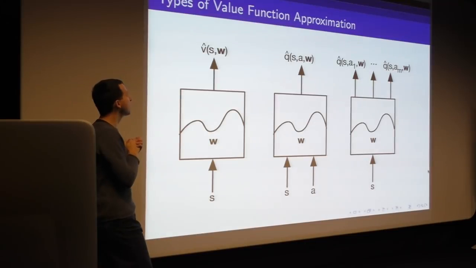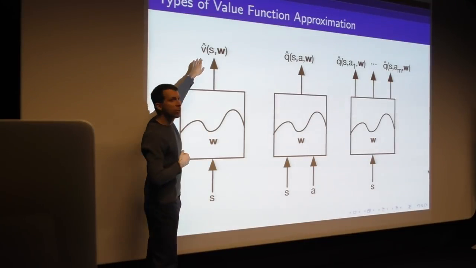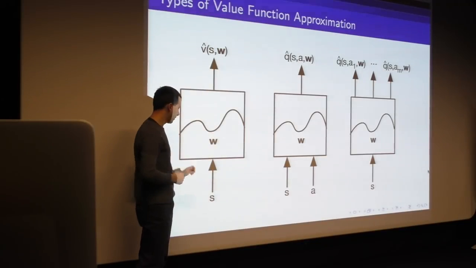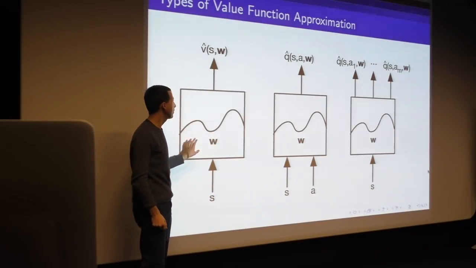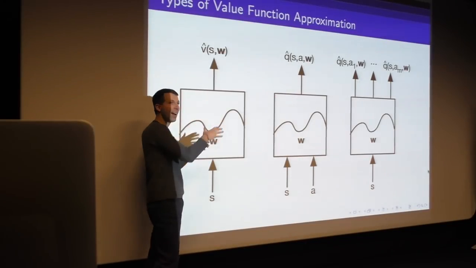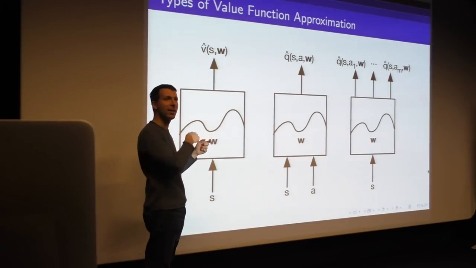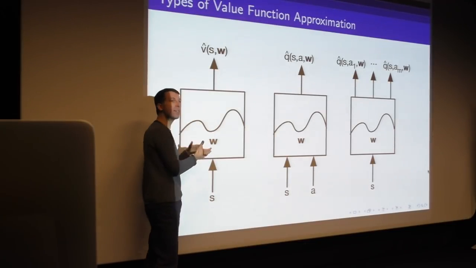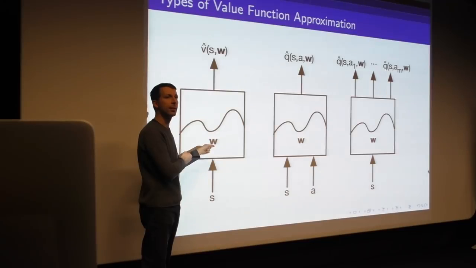Okay, if we're just trying to do state value function approximation, you've got this black box here, you feed in your state, and you've got something like a neural network that's going to represent, this wiggly line is supposed to represent the fact that there's some internal function that this thing is trying to fit and represent, using some internal parameter vector w.